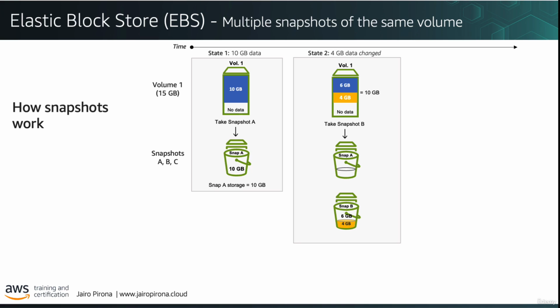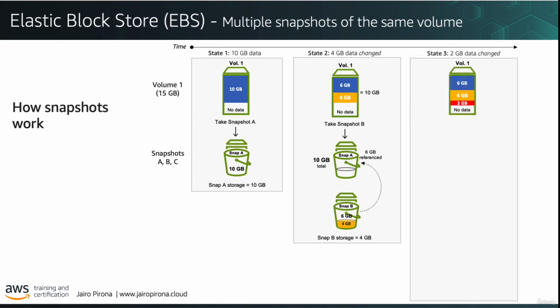So, for the remaining 6 gigabytes, it references snapshot A. Therefore, snapshot B contains the data that was changed, which has a size of 4 gigabytes, and for the remaining 6 gigabytes, it is based on snapshot A.